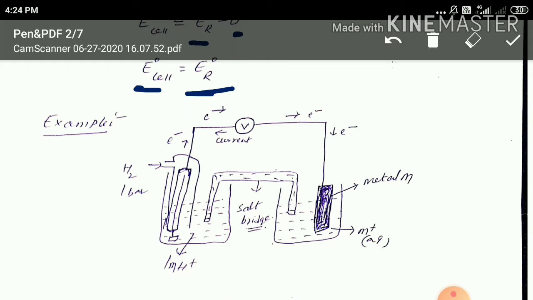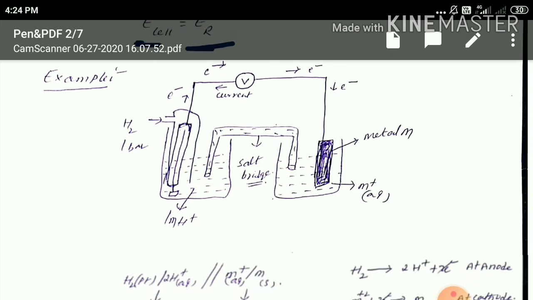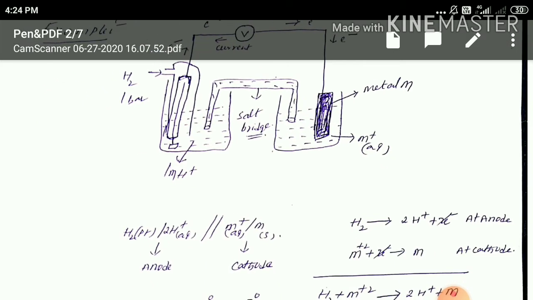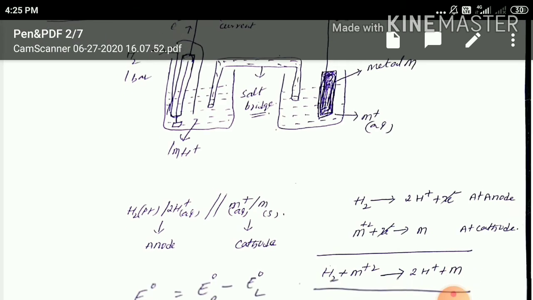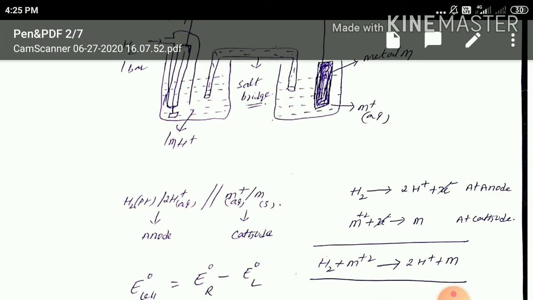Next, in this overall cell, what type of reactions are there? Chemically the hydrogen half cell acts as the anode.